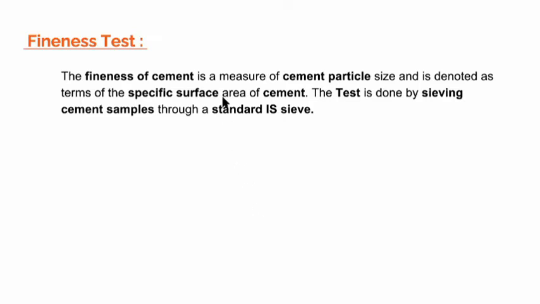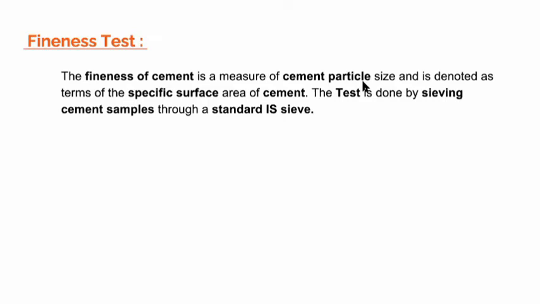The fineness of cement is a measure of particle size. It tells us about the size of cement particles. It is denoted as the specific surface area of cement, which is the area of cement per unit weight of cement.